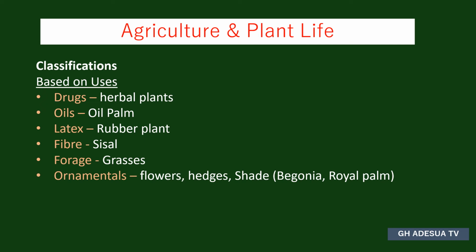Then forage for other animals, that is the herbivores, to eat. Then ornamentals. As for the ornamentals, it's very relevant. It doesn't go into man, but with respect to the pressure that man goes through daily, these are a means of cushioning our stressed lifestyle. So these are ornamentals.